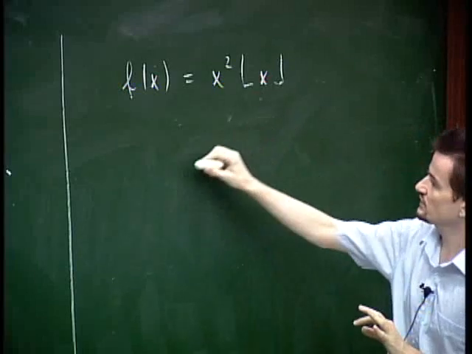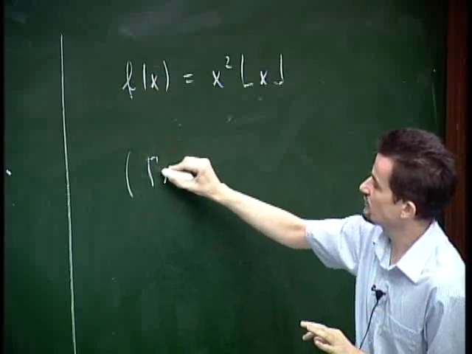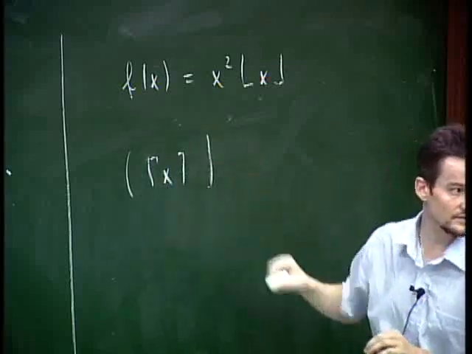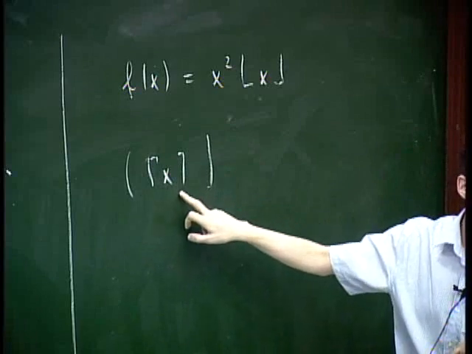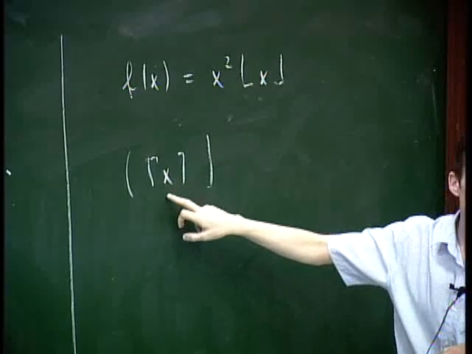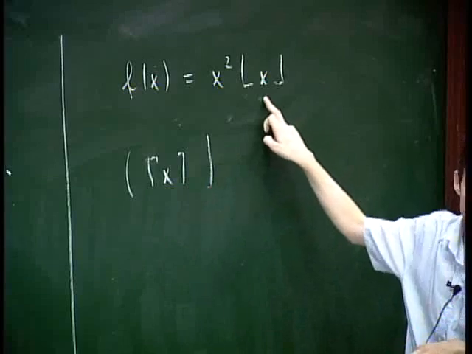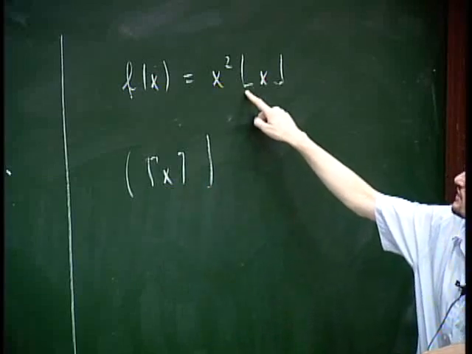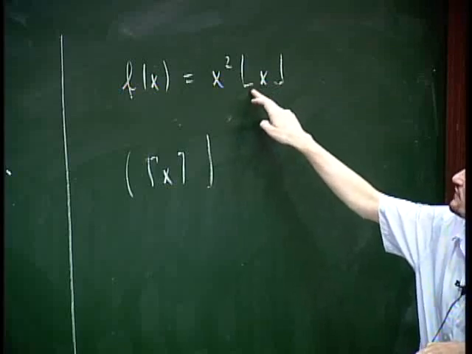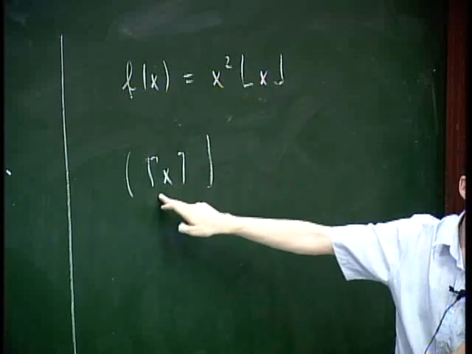The reason I use this notation is that sometimes we will also talk about this other function, which is kind of the opposite. Here you have the smallest integer which is larger or equal than x, and this is the largest integer which is smaller or equal than x. If x is 2.5, this function will be 2 and this function will be 3.